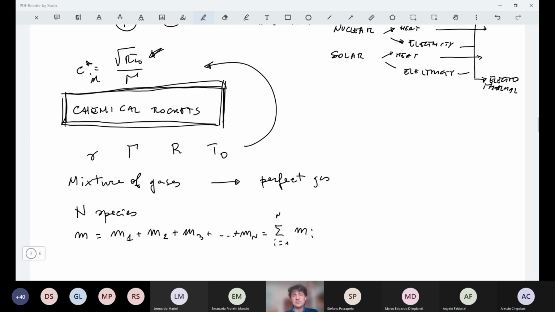So we define this way: the mass of a mixture will be the sum of the mass of each species making together this mixture of gases.